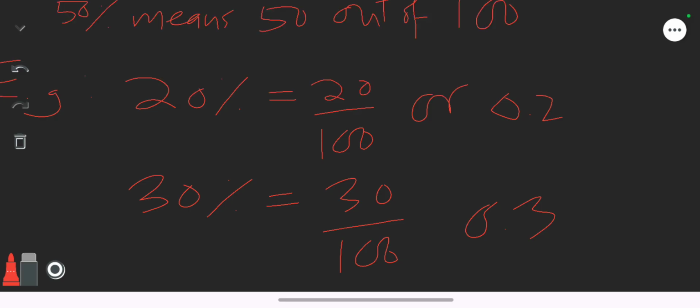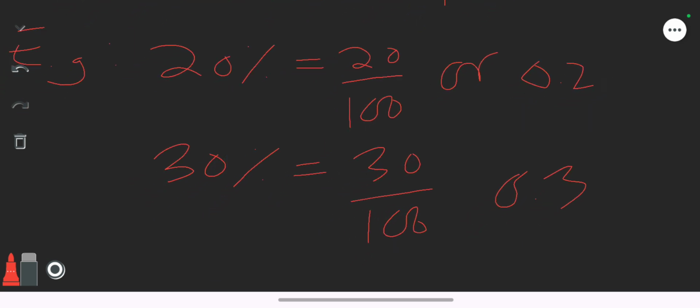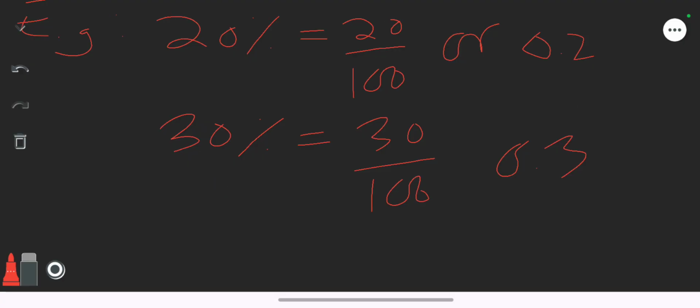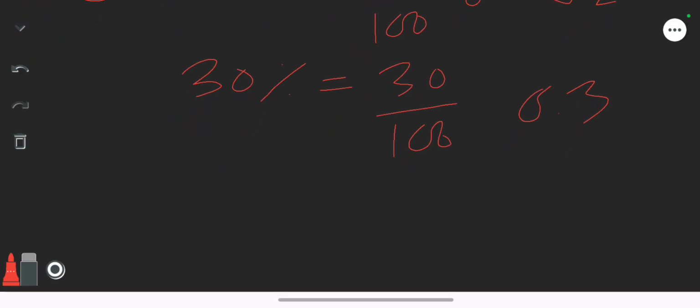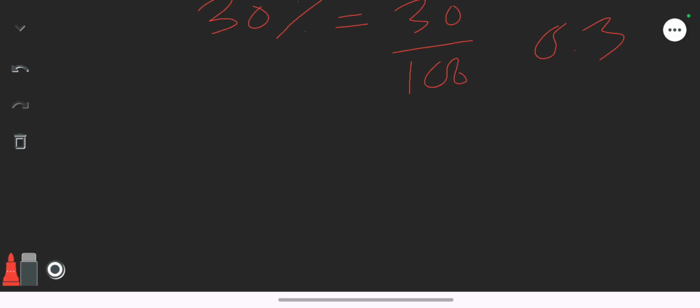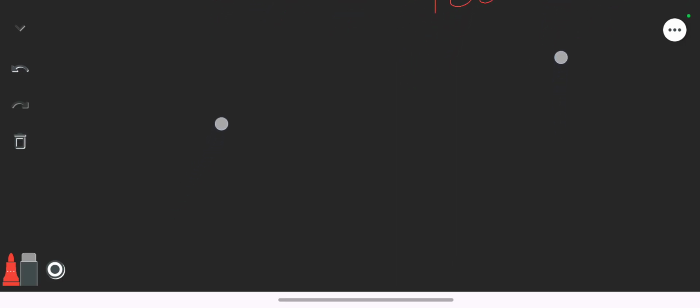All right, so that's a simple example and simple explanation of a percentage. Now I hope you understand what a fraction is, what a decimal is, and what a percentage is. Now let's move on to understanding the relationship between fraction, percentage, and decimal.